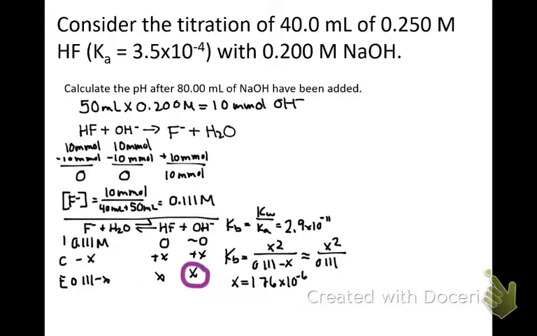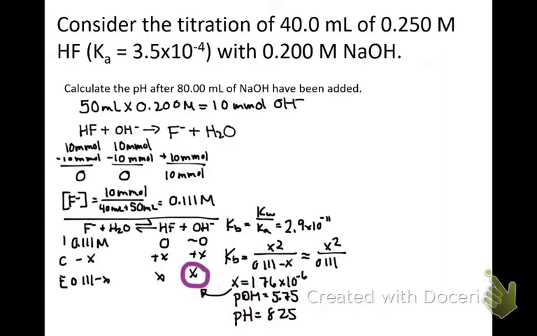And if you check your assumption, you see that X is really small compared to 0.111. Okay, so this X will give us the OH minus concentration. And then there's a couple of ways that you could calculate the pH. Either you could calculate the pOH, which equals 5.75, and then subtract from 14 to find the pH, which equals 8.25.